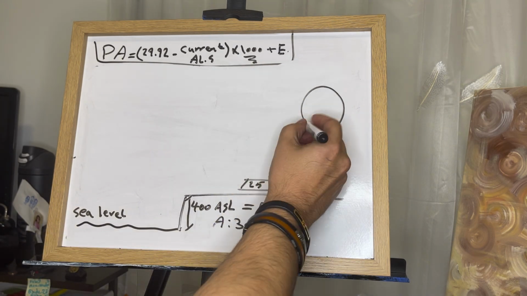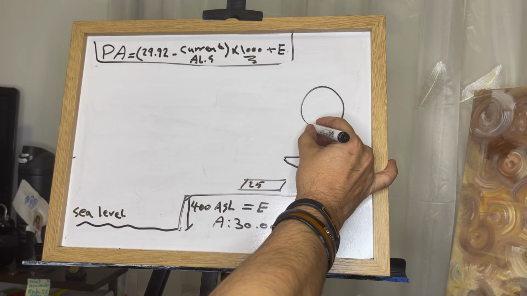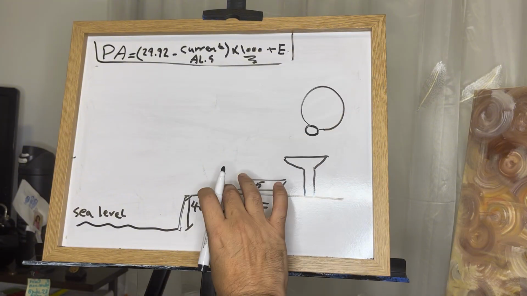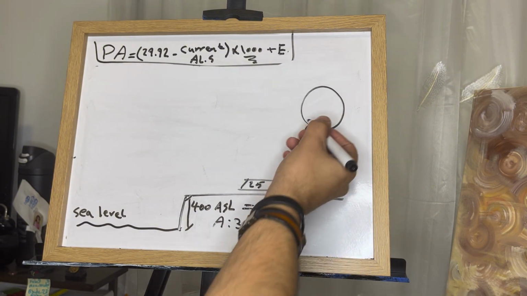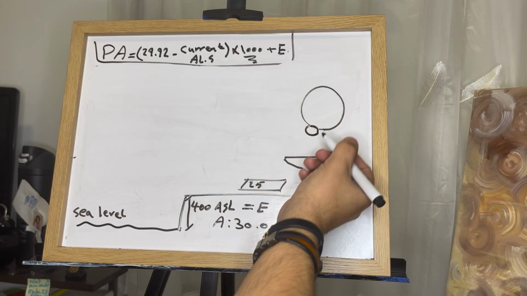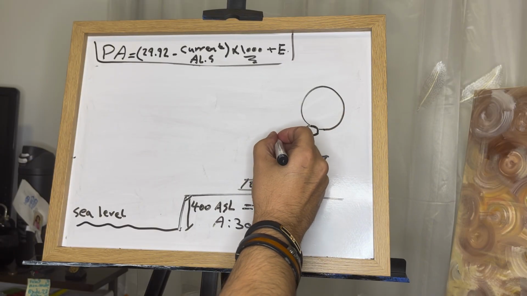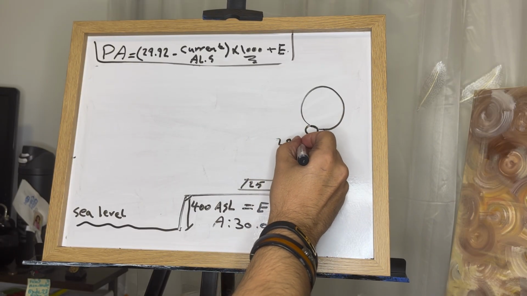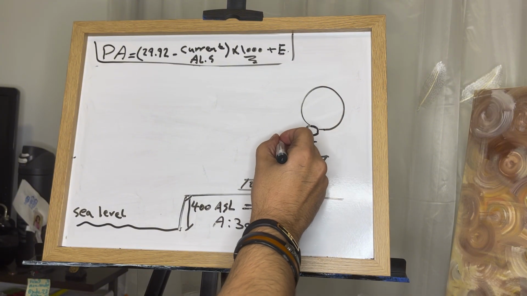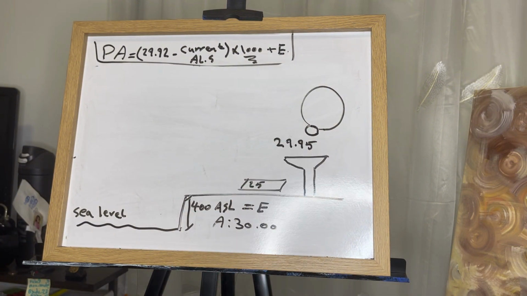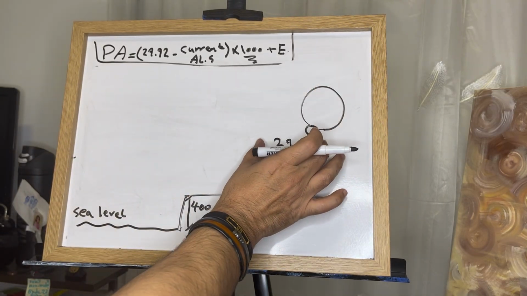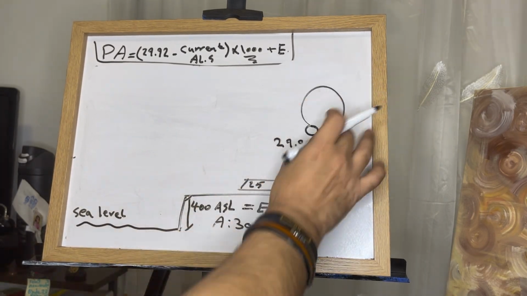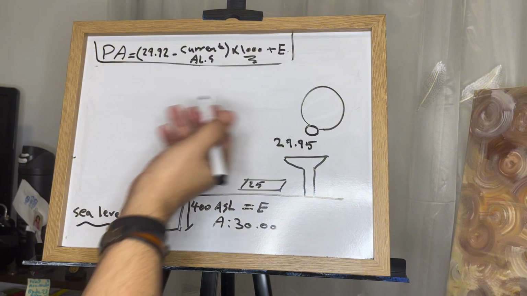You should set 30.00 for it to show the correct height above sea level, or correct elevation. But you accidentally set the altimeter, for example, to 29.95. What will happen? Basically you set the altimeter too low. What does too low mean?